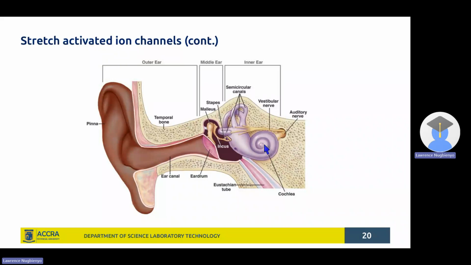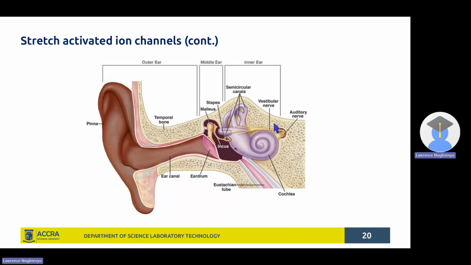Cilia, we call them, and the movement of such hair-like structures then sends some signal, you have some neurotransmitters that move across the cell membranes, and you have this electrical signal that moves along the auditory nerve, and the auditory nerve then to the nervous system, that is the brain, so that whatever you are hearing is then translated by the brain for you to have an understanding of the sound that is coming to you.